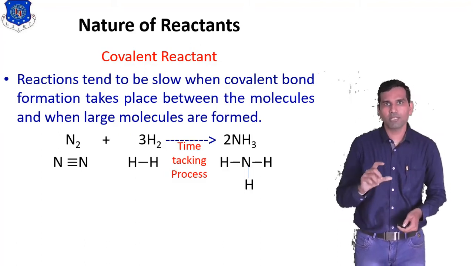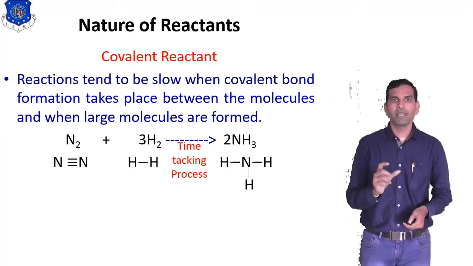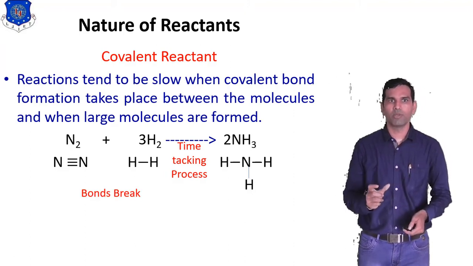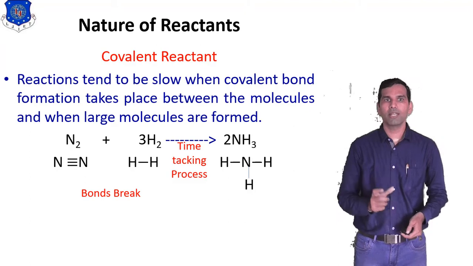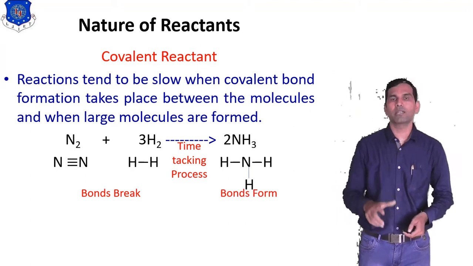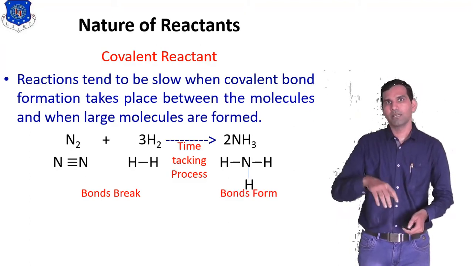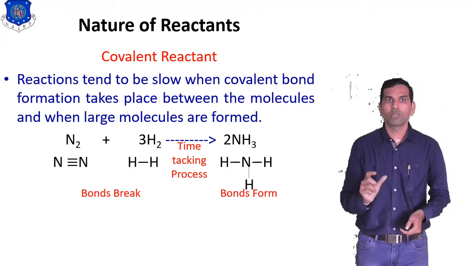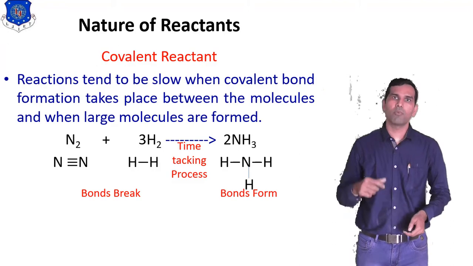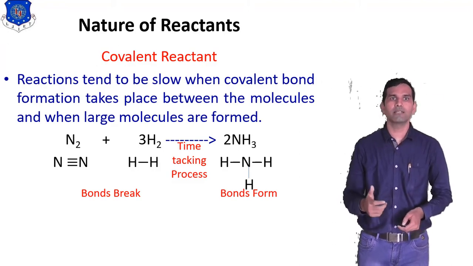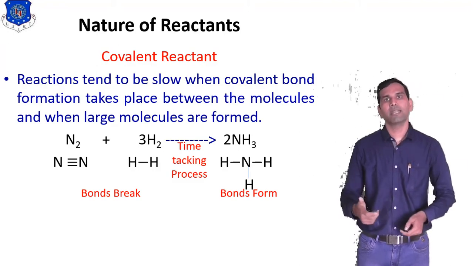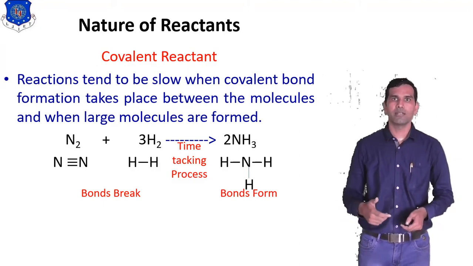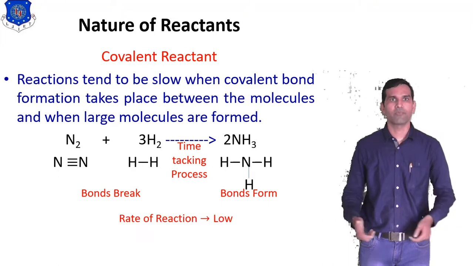That means this process is slow because here the nitrogen and hydrogen are joined with a bond. We require energy to break the bond, and next the bond is formed. So it takes time. When the reactant is a covalent reactant, it takes time. And when the reactant is an ionic reactant, then the reaction process is very fast.